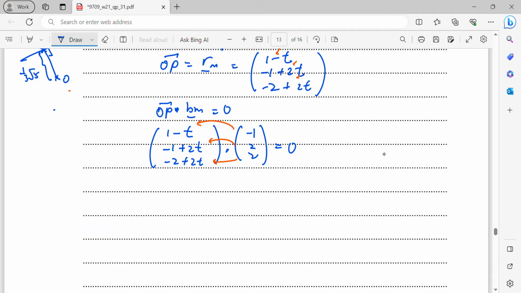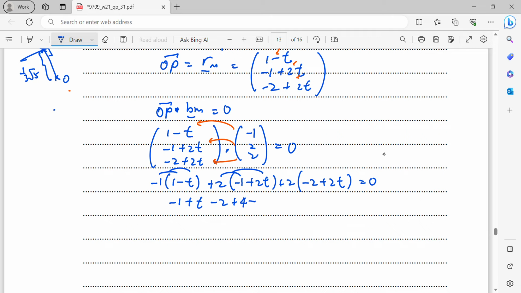So I will get minus 1 times 1 minus t plus 2 times minus 1 plus 2t plus 2 times minus 2 plus 2t, that equals 0. Then I will do expansion. This is minus 1 plus t, then here is minus 2, this is plus 4t, then here when you do expansion, minus 4, and this is plus 4t.